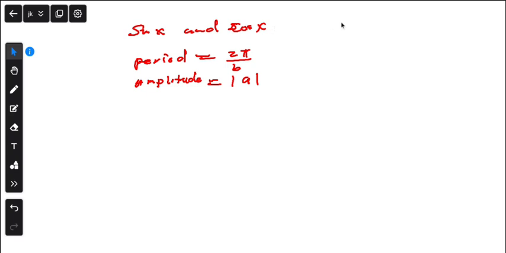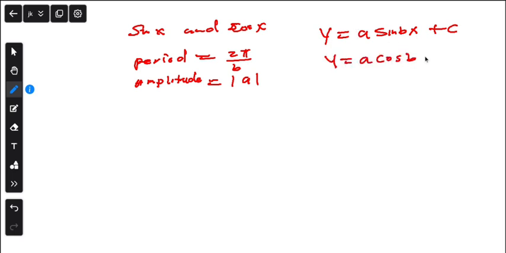The format of the equation is y being equal to a, this can be sine or cos, and then b, then x plus c. This is the format. Again, you can say y is equal to a cosine, b, x plus c. This is very, very important to understand.